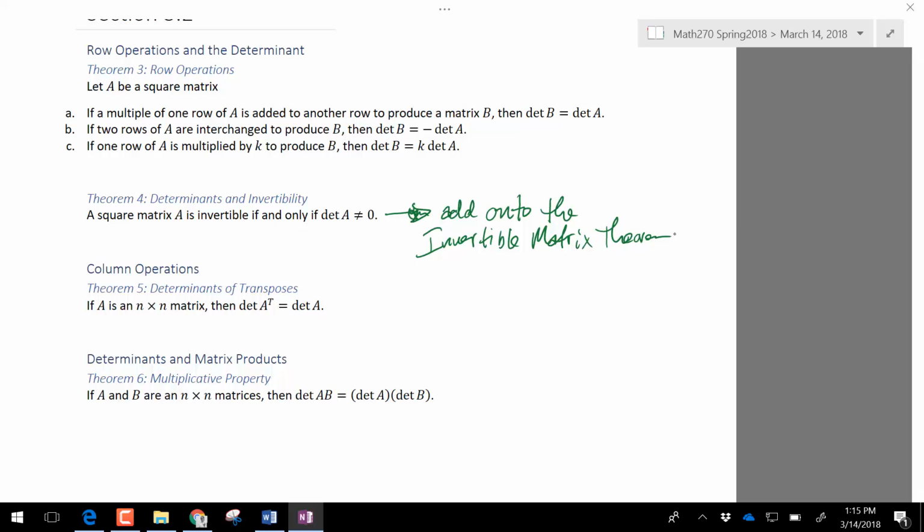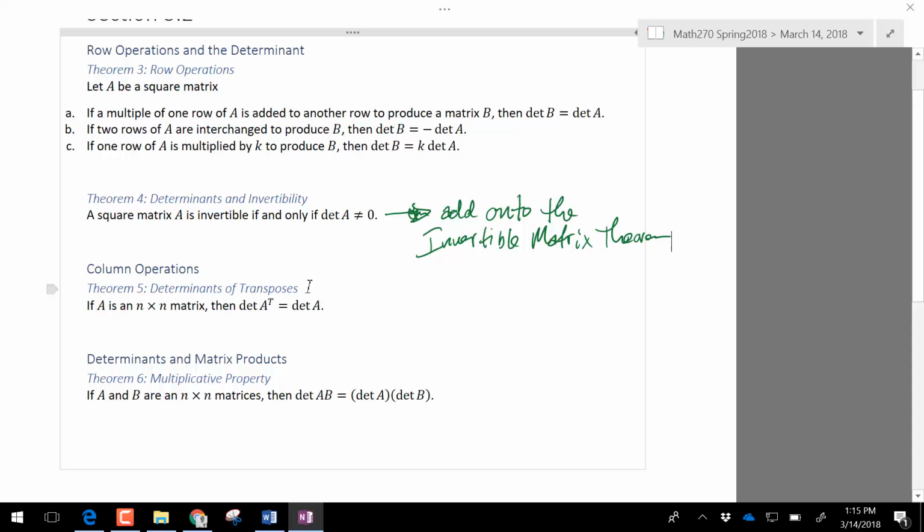A through S. So this is another one to add on. And that's to say that if your determinant's not equal to 0, then your matrix is invertible. And if that's the case, then it satisfies all those other properties that we listed last time.